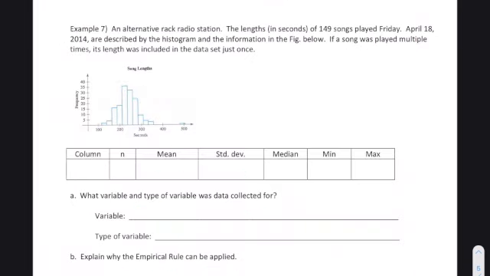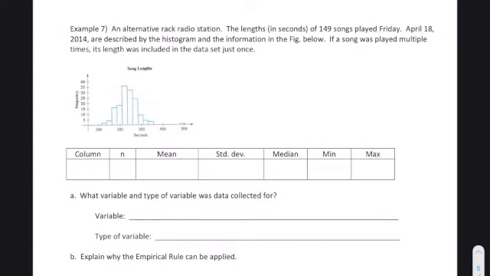Example number 7. An alternative rock radio station, the lengths in seconds of 149 songs played Friday, April 18th, 2014, are described by the histogram and the information in the figure below.